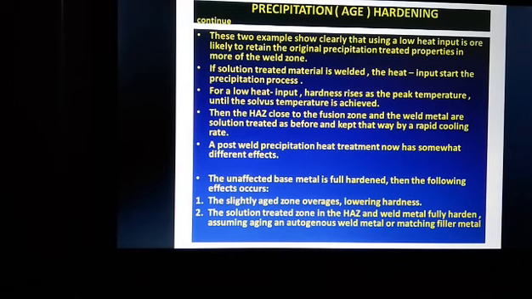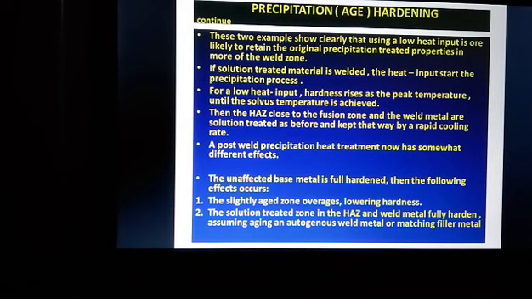These two examples show clearly that welding using low heat input is more likely to retain the original precipitation treated properties in more of the weld zone. If solution heat treated material is welded, the heat input starts the precipitation process.